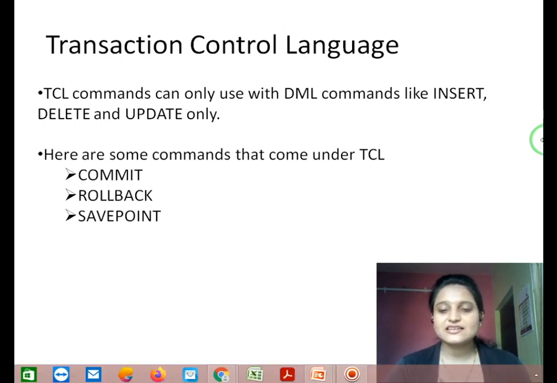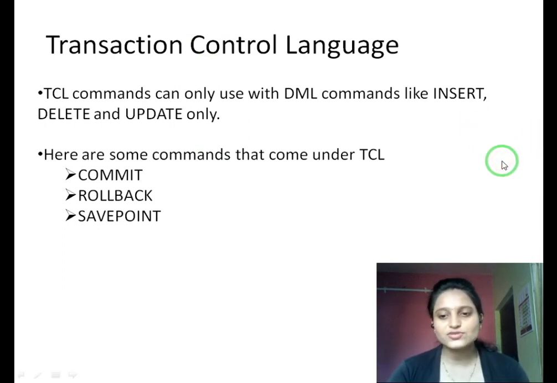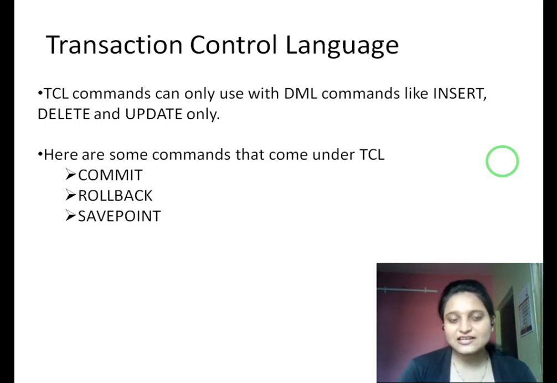But a DDL command has no need to be saved; DDL commands are saved automatically. Therefore this TCL command is used for saving or rolling back the operation on data.